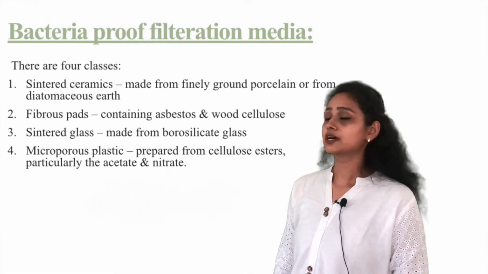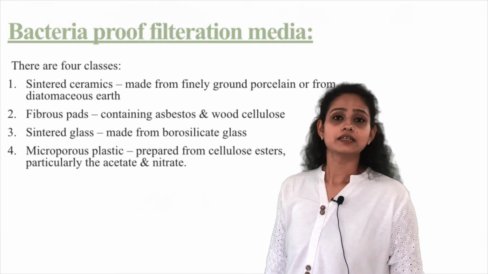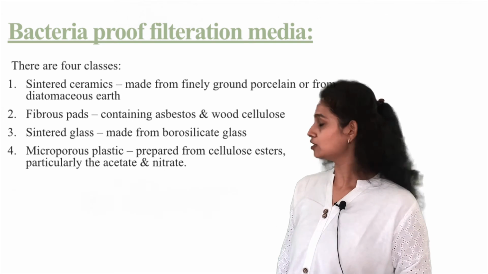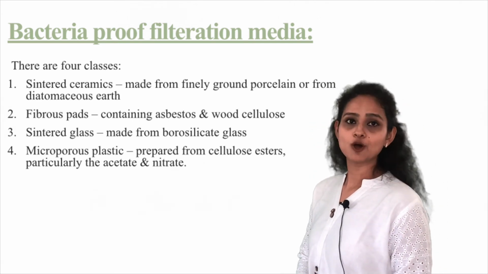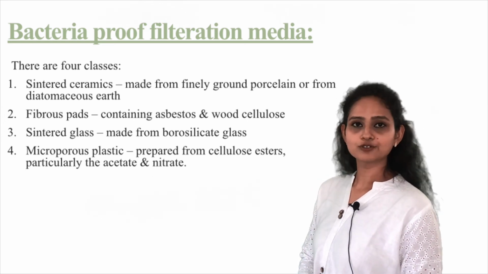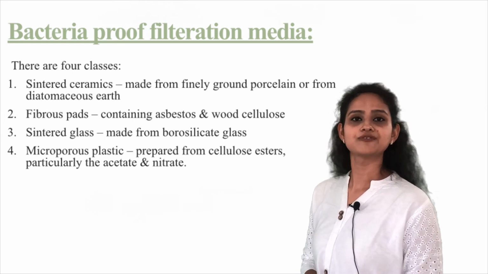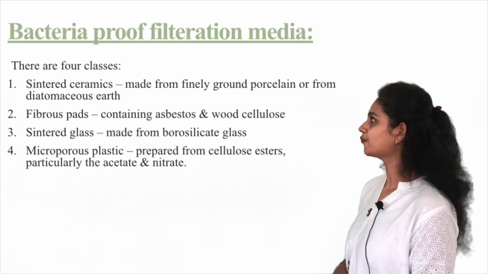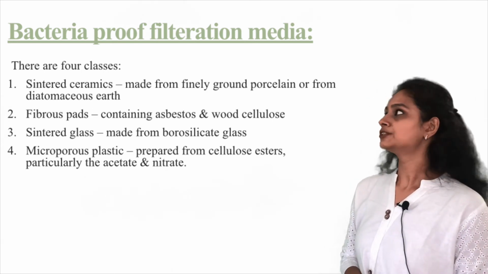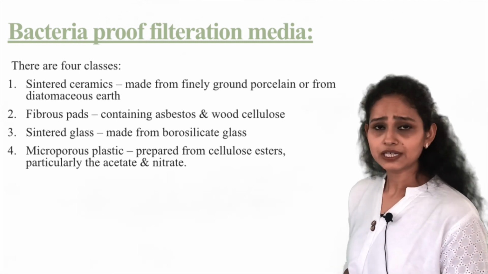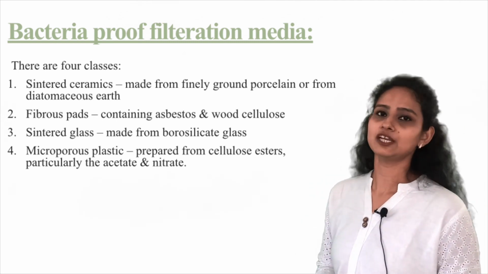The second is fibrous pads that contain asbestos and wood cellulose. Then the third is sintered glass made from borosilicate glass. Fourth is microporous plastic prepared from cellulose esters. So these 4 are the different categories of filter pad. According to our need, we can choose any of them and use them.